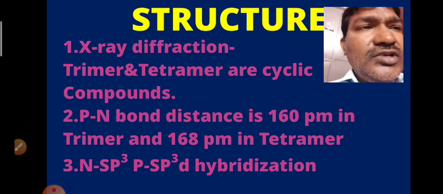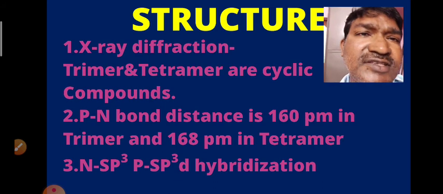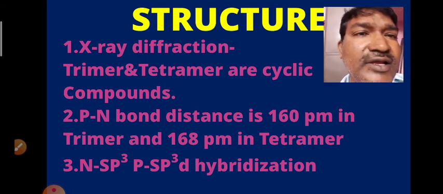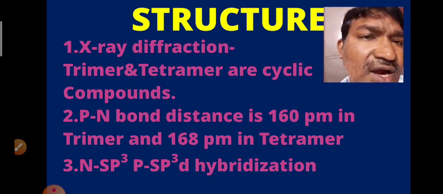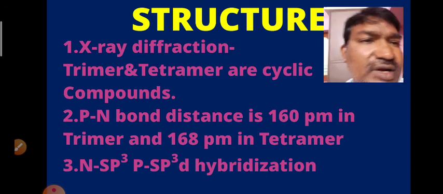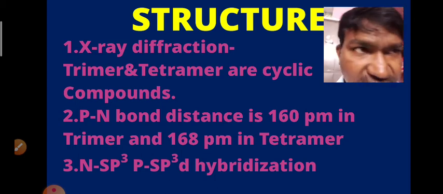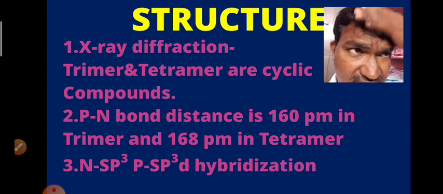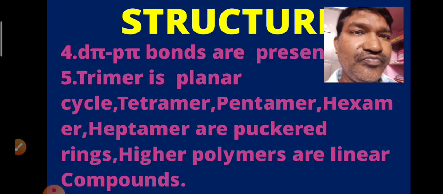Now we discuss the structure. X-ray diffraction reveals that trimer and tetramer are cyclic compounds, and by this we came to know that the PN bond distance is 160 picometers in the trimer and 168 picometers in the tetramer. Here in these phosphazenes, nitrogen undergoes sp2 hybridization and phosphorus undergoes sp3 hybridization.